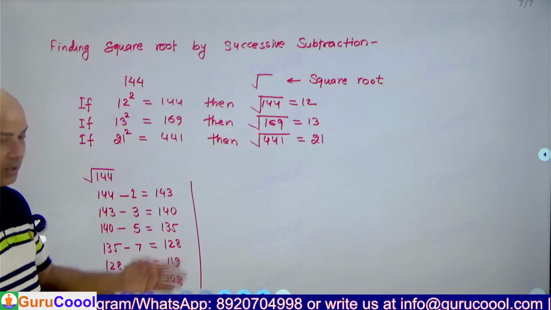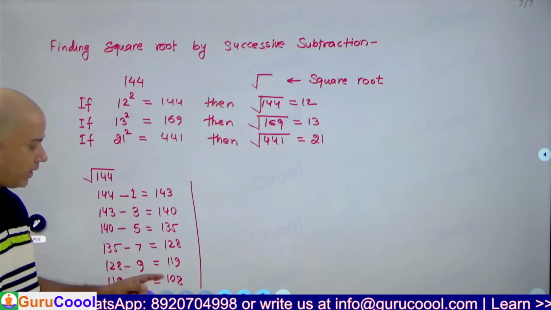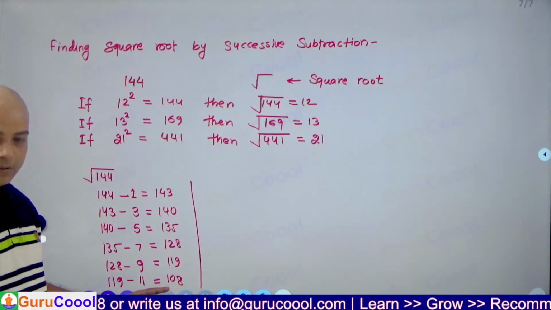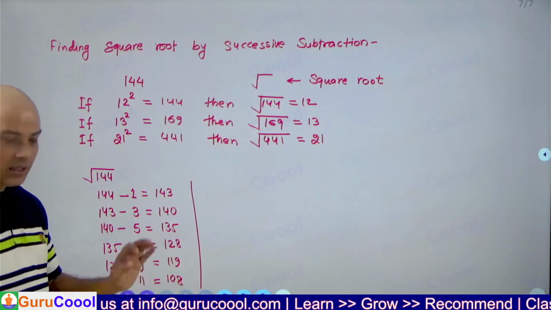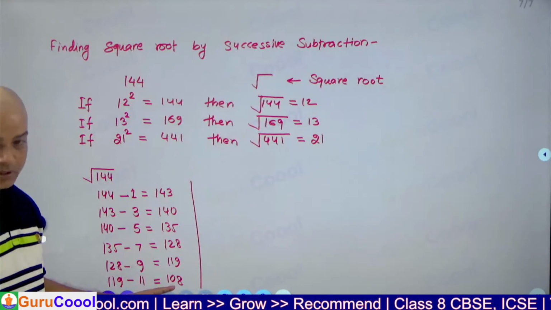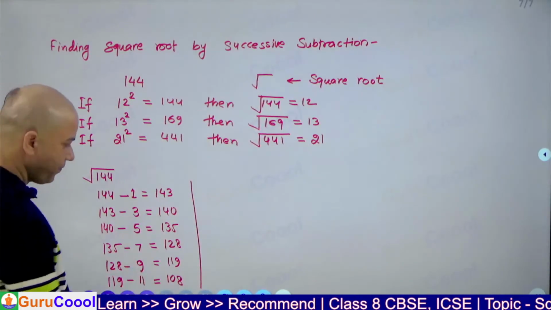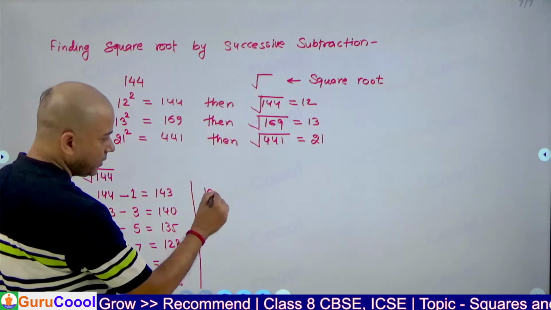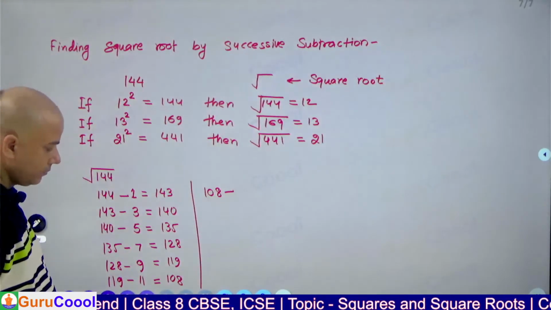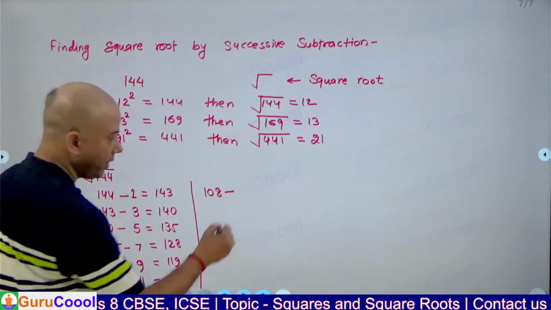We have to continue this process till we get 0 on subtraction. Presently we have not got 0, so we have to continue. 108 minus 13.